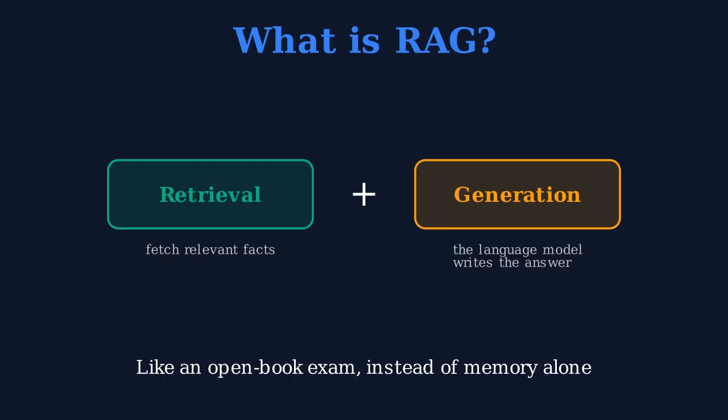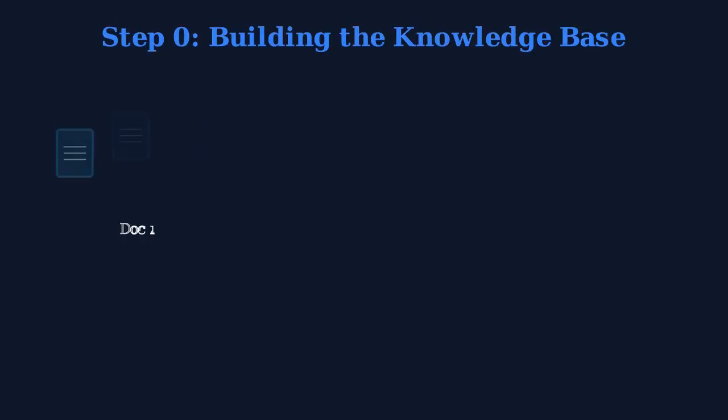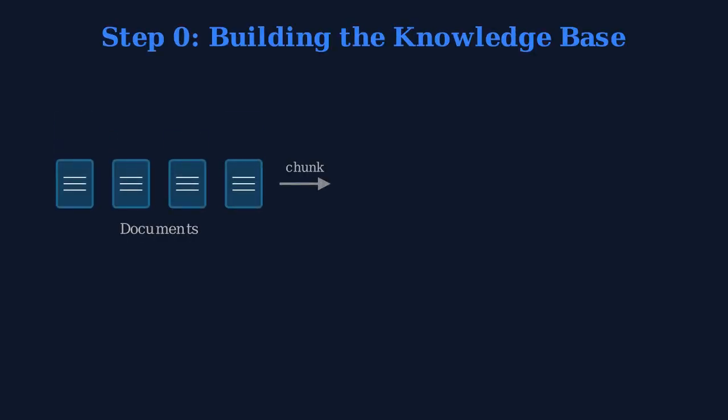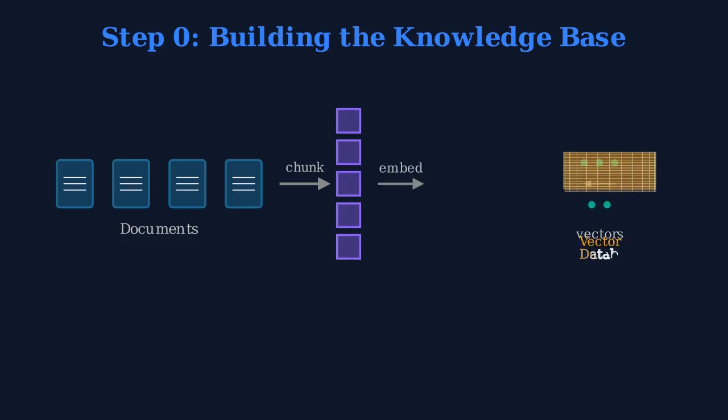Indexing, how it works. Before any question is even asked, we prepare the knowledge base. That means your company's private or public documents. Documents, articles, PDFs and web pages are split into smaller chunks.